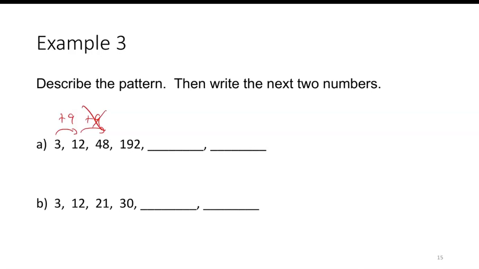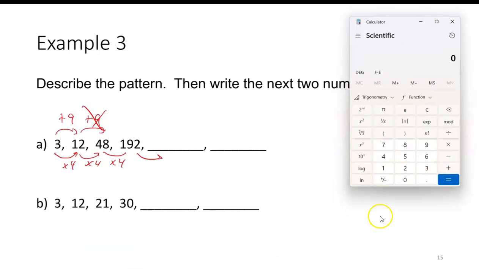So let's try multiplication. 3 times 4 is 12, times 4 is 48, and then 48 times 4 is 192. Okay, and then after that, we can just pull out a calculator. I start with 192 times 4. I get 768. And if I times 4 again, I get 3072.